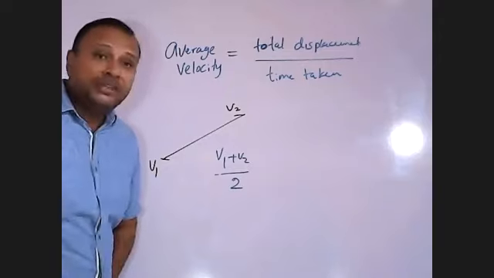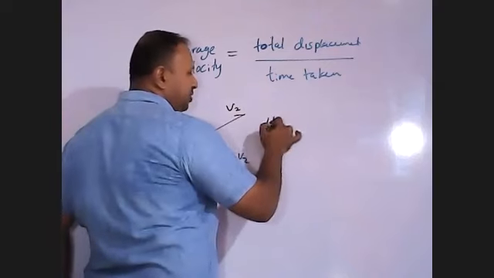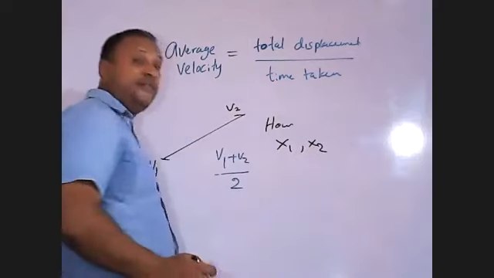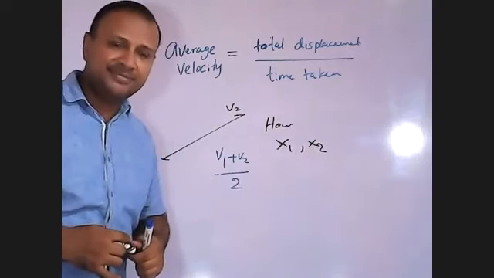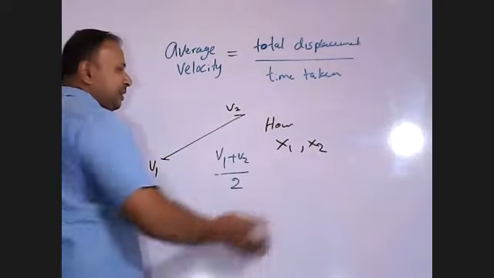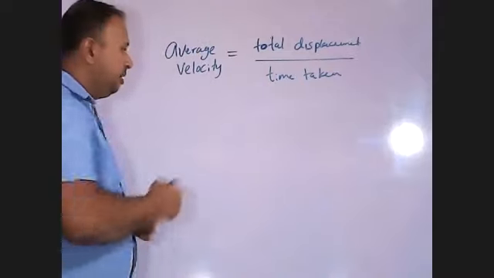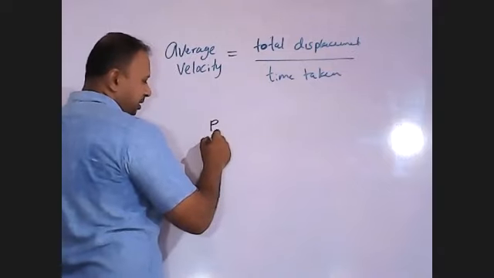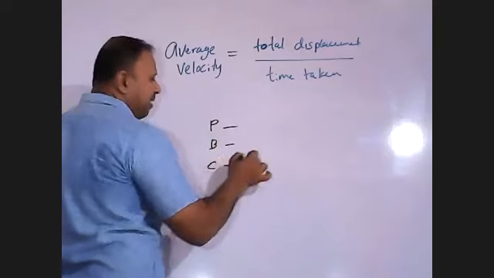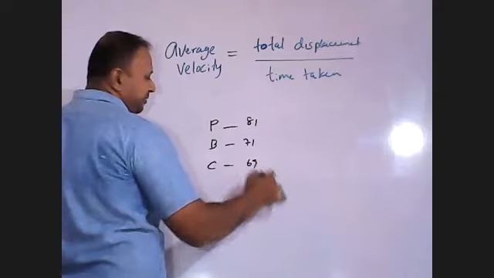So how to get an average of two numbers? Suppose this is x1 and there is x2. Suppose you are doing three subjects: physics, bio, chemistry. You have your exam marks: 81, 71, 69.